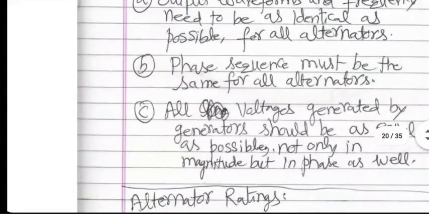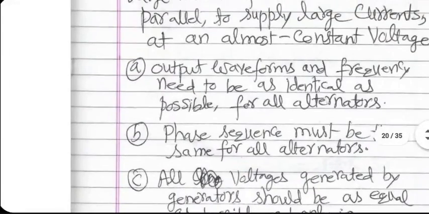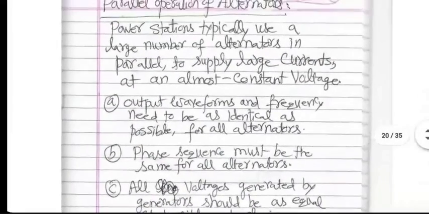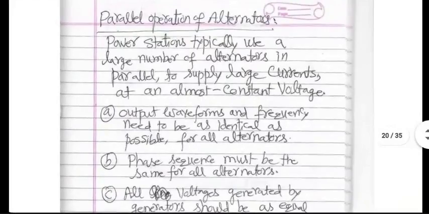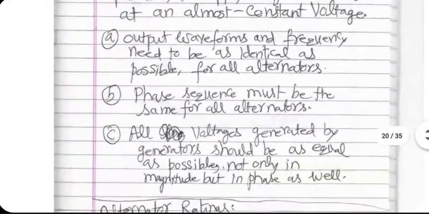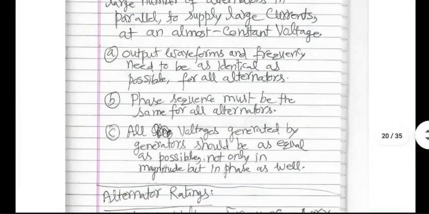Then only parallel operation will make sense. These are severe demands. We try our best to meet them. Even the phase angle among the voltages must be strictly 120 degree, 120 degree, 120 degree, and 0 degree for the same phase in all the generators.